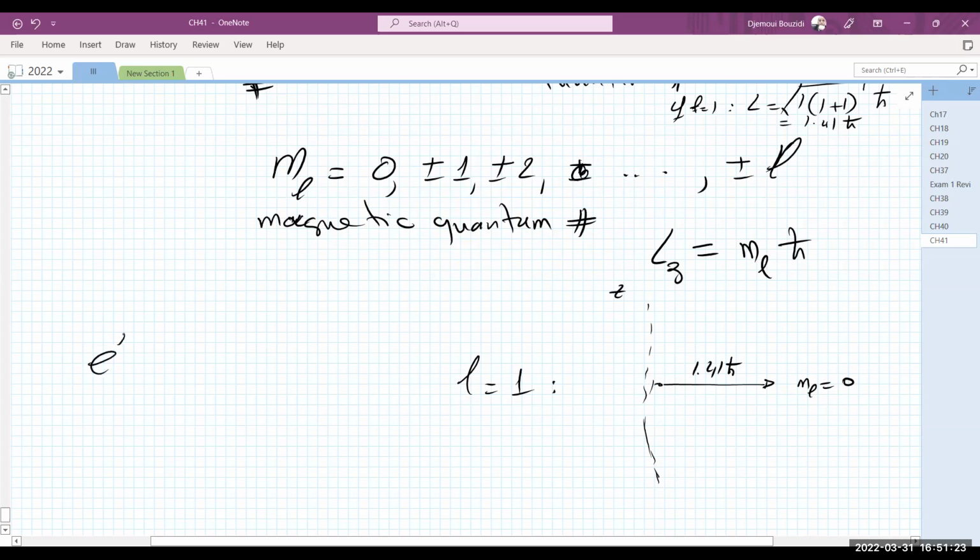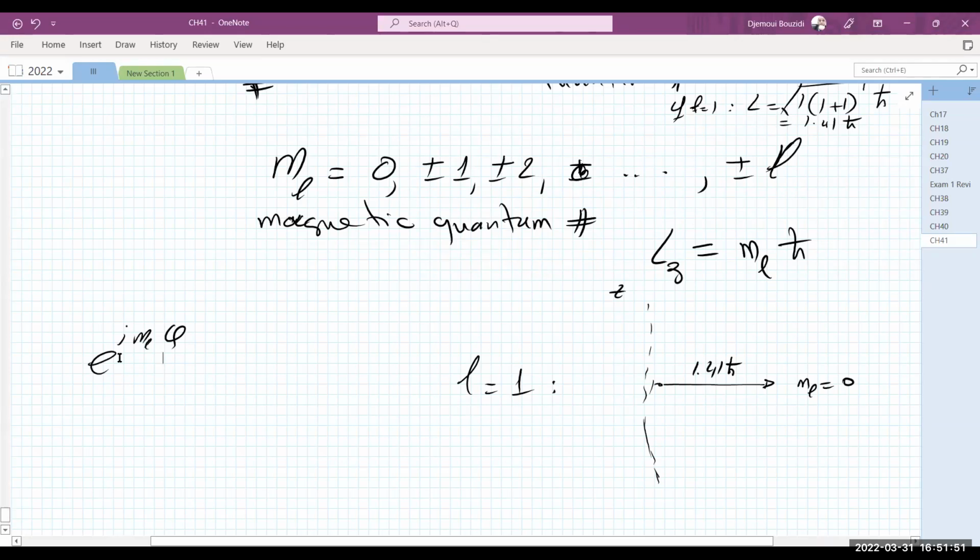And remember, the function depends on e to the i ML phi. So if ML is equal to 0, that means this function doesn't depend on phi at all. It's symmetrical with respect to the ring. So that means the function has the same value all over the circle. It's uniform. It depends on theta, because L is 1, and it depends also probably on N, depending on which energy level we're talking about.